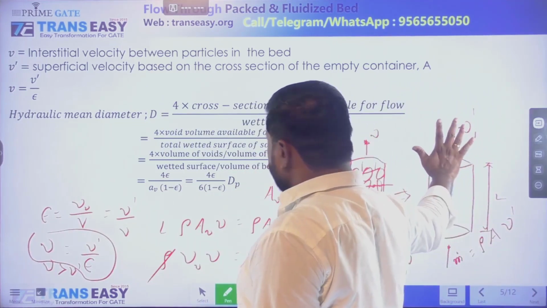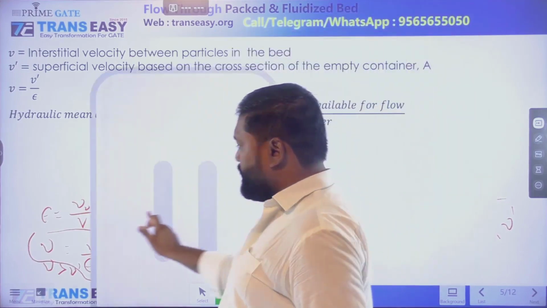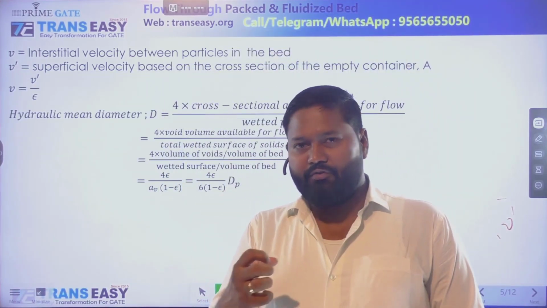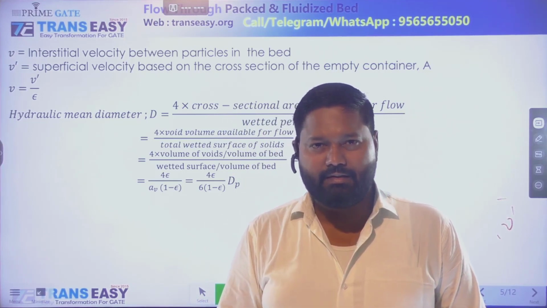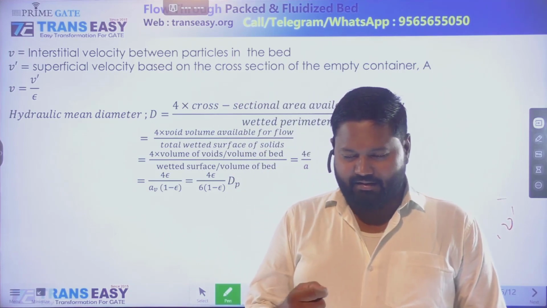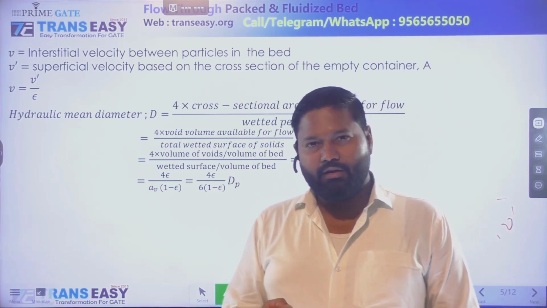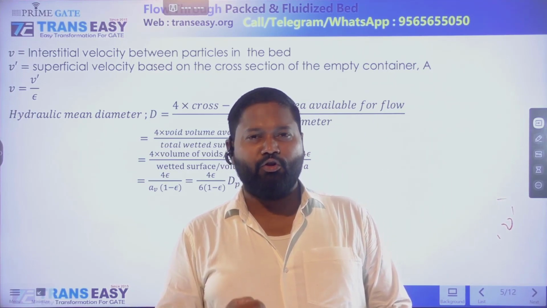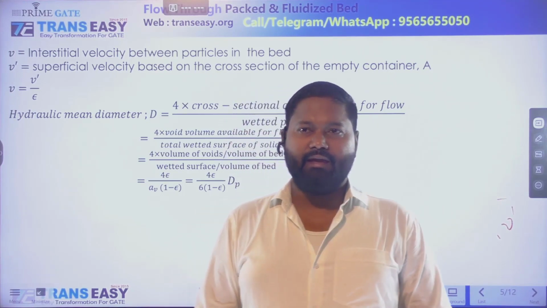Sometimes, guys, we calculate our porosity by knowing the values of interstitial and superficial velocity. Interstitial velocity is the actual velocity of fluid through interconnecting voids. This is the actual case for flow through a packed bed, right?